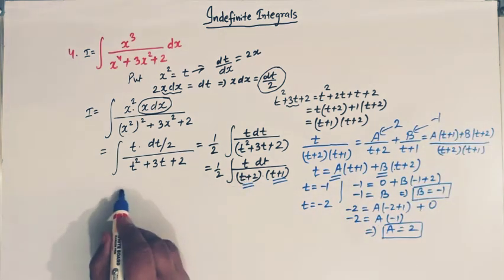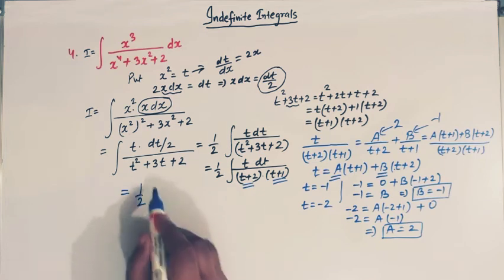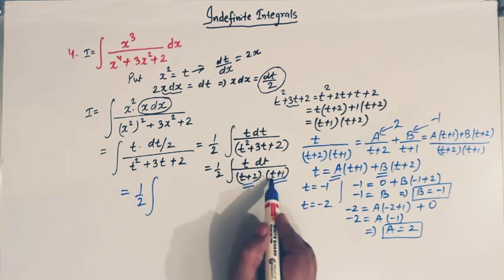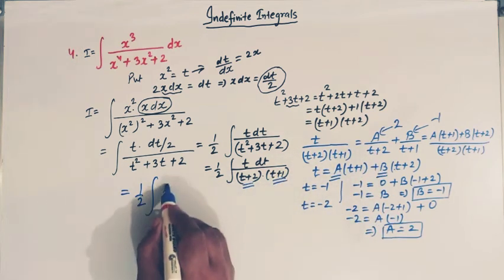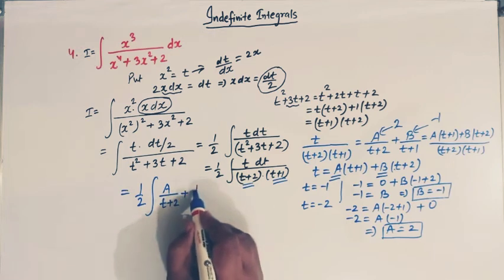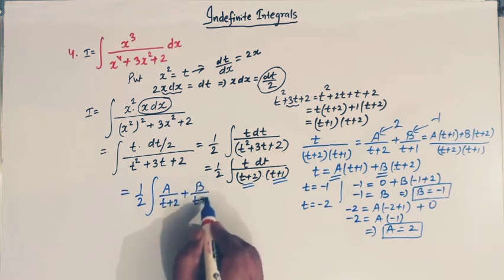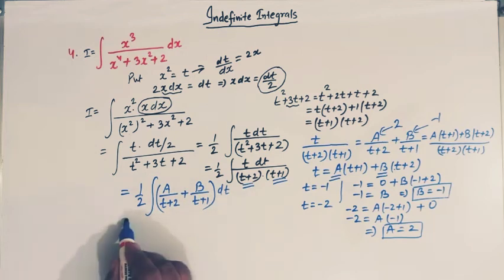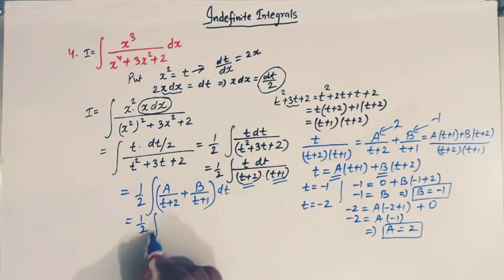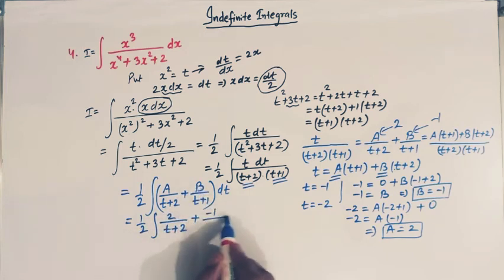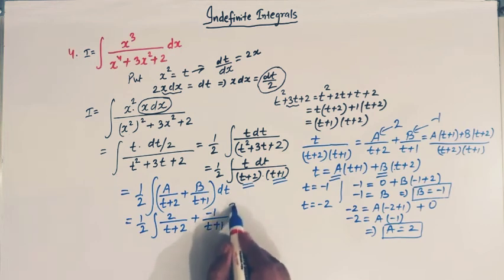So this integral now becomes half, and for t divided by t plus 2 times t plus 1, we have a divided by t plus 2 plus b divided by t plus 1 dt, right? So now this is half, and for a we have 2 divided by t plus 2, and here we have minus 1 divided by t plus 1, right?